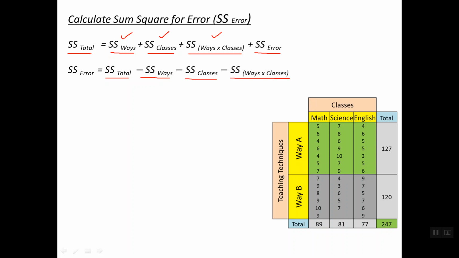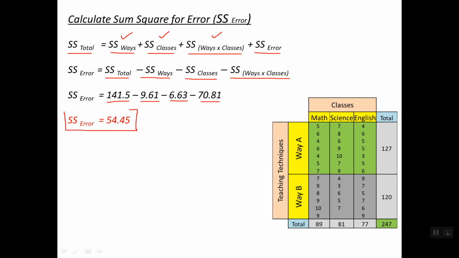And all of these SS have been calculated. So this is the SS total. This is the SS for the first factor. This is for the second factor. And this is for the interaction. So the value of the SS for the error is equal to 54.45.